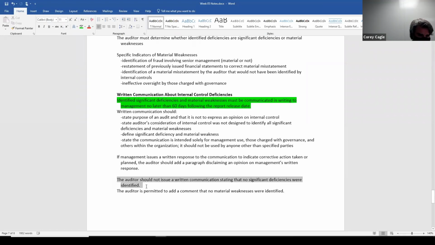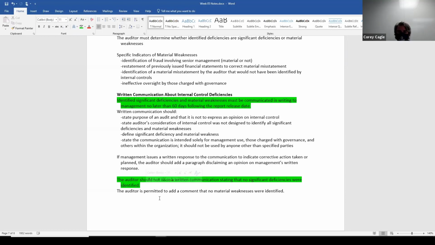Here's a good type of thing that shows up in questions, things we shouldn't do, and we'll get into that more in the reporting sections of the book. We wouldn't want to issue a communication saying that no significant deficiencies were identified. That's a little strong, right? That might say, oh, good, there's nothing there.